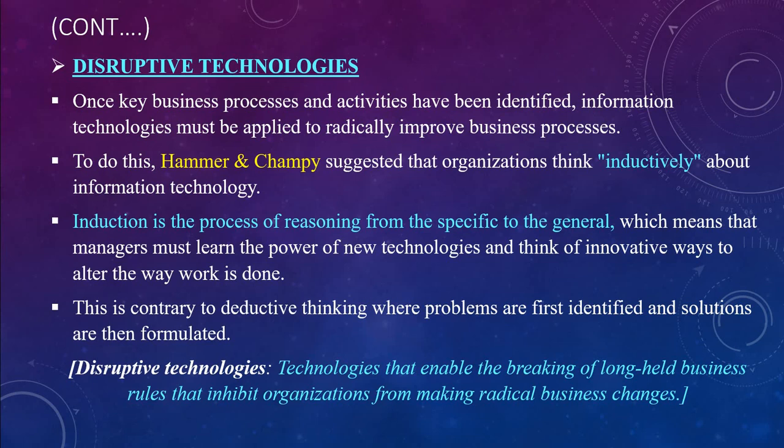Once key business processes and activities have been identified, information technologies must be applied to radically improve business processes. To do this, Hammer and Champy suggested that organizations think inductively about information technology. Induction is the process of reasoning from specific to general, which means that managers must learn the power of new technologies and think of innovative ways to alter the way work is done.